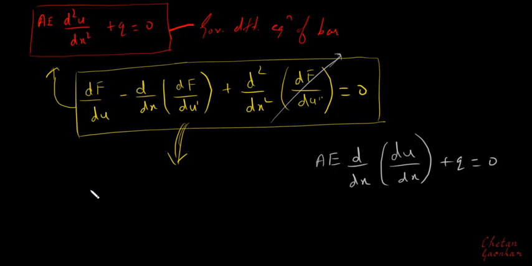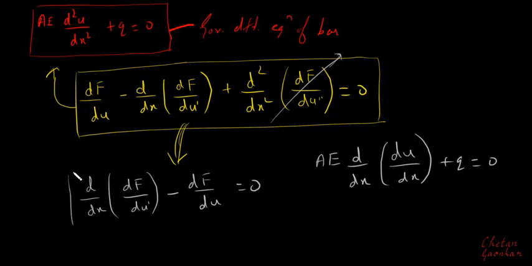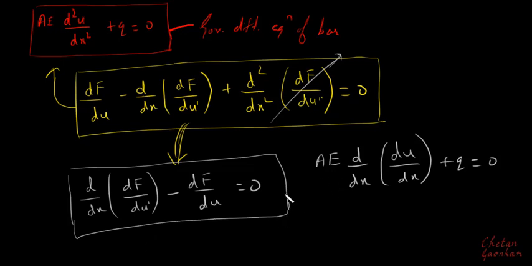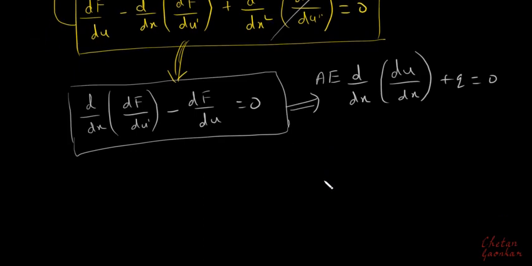So I take the Euler-Lagrange equation in this form: d by dx of df by du dash minus df by du equal to 0. I will consider this as my modified Euler-Lagrange equation in order to apply it to the governing differential equation of a bar.